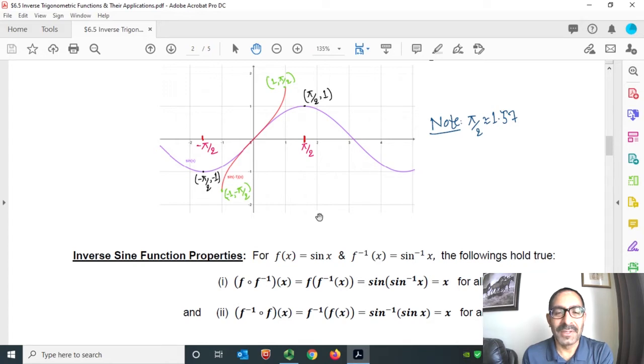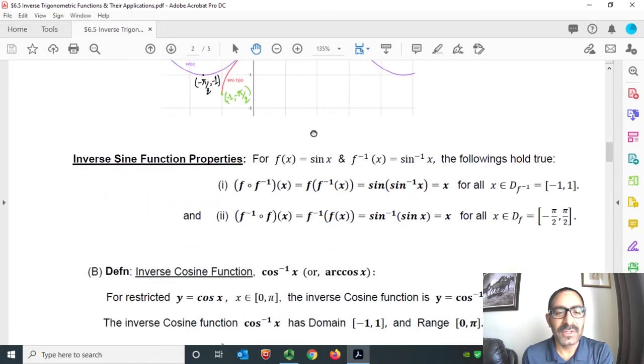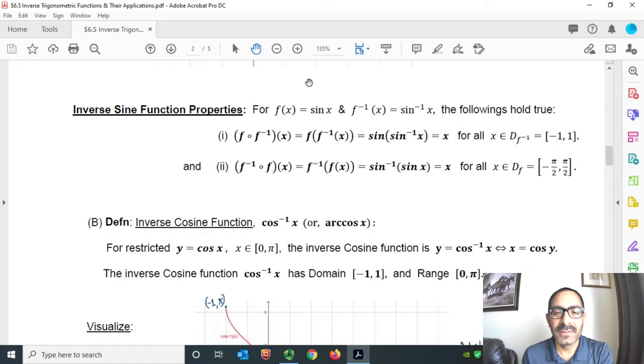Now let's move on. Inverse sine function properties. For f(x) equals sine x and f inverse of x equals sine inverse x, the following hold true. F composite f inverse at x equals f of f inverse at x equals sine of sine inverse x.